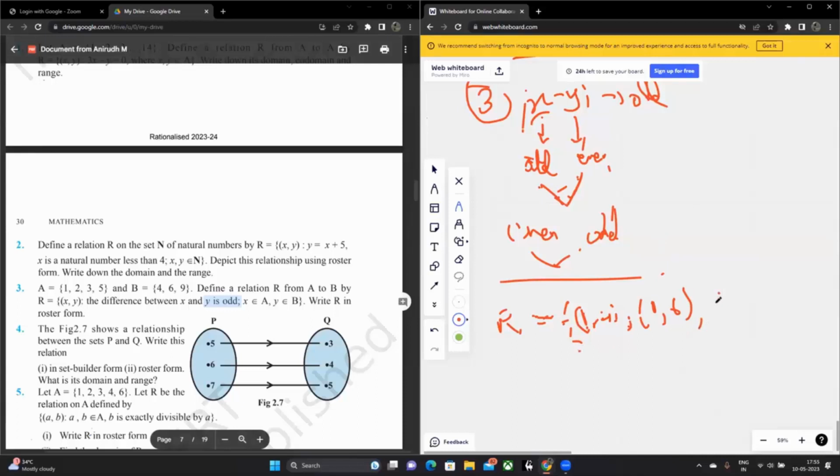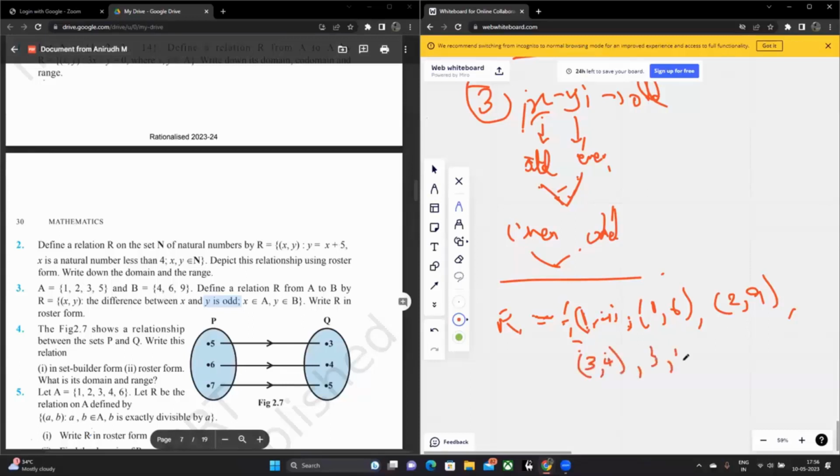And then you have the pair (2, 9). Because 2 is even, you can only have an even-odd pair. That's 9. And the difference between 2 and 9 is 7. Easy to see. If you take an even-even pair, that's (2, 4) or (2, 6), you can see that 2, 4 is 2, that's even, and 2, 6 is 4, that's also even. Right? They won't come.